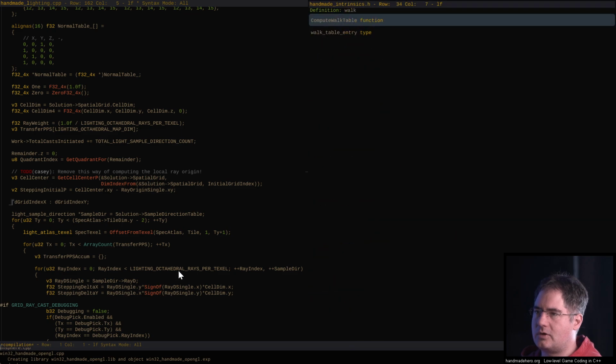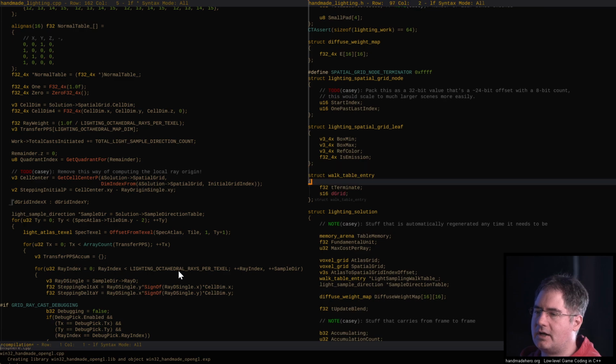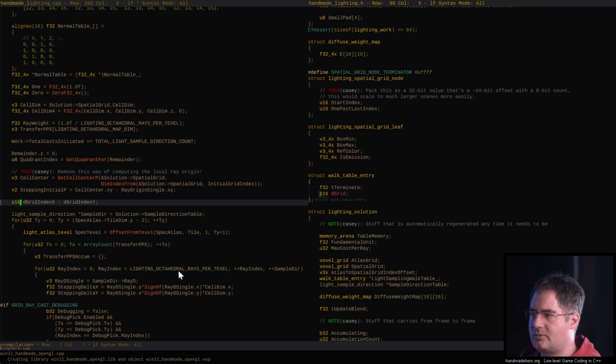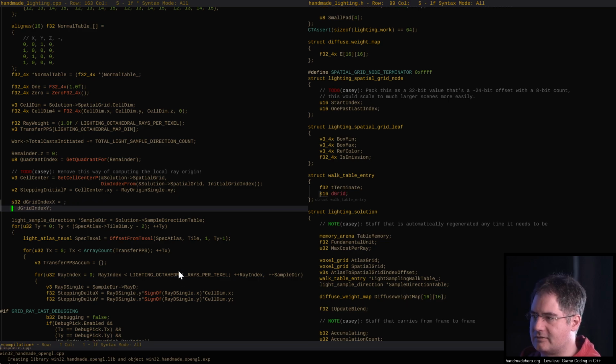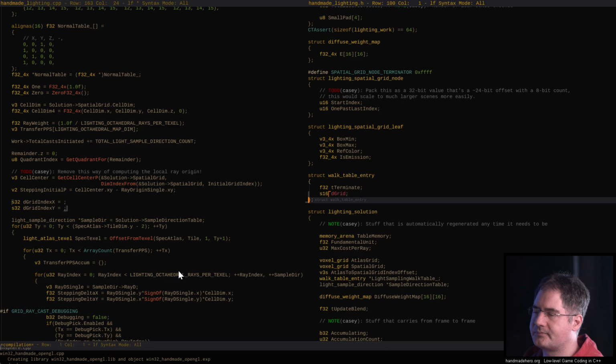So walk table entry. The S16s that we use here for our D grid could just be S32s in this case, because we don't care about how big they are now, since they're just going to be local. They're not stored in a table, and this will hopefully go away.